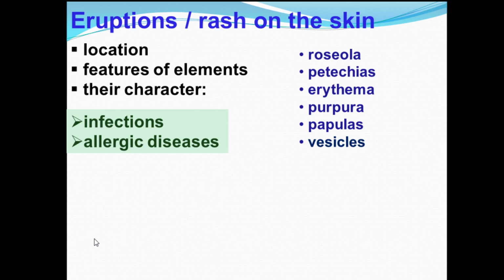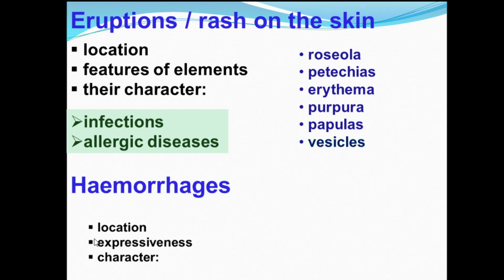Now let's remember, rash on the skin is more often characteristic for some infectious and allergic diseases. And first of all, we exclude these groups of diseases, but these elements may be in any other therapeutic pathology which we will talk about in our practical classes and next lectures.